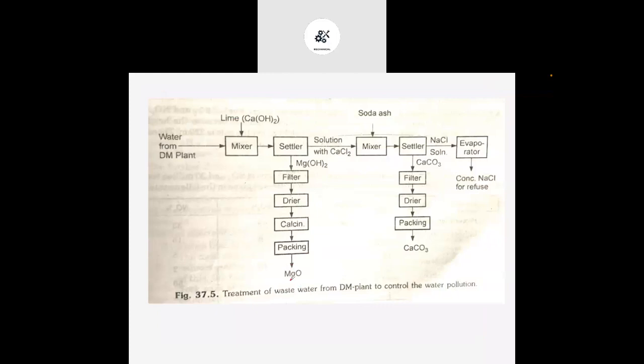Okay, there are many methods through which we can remove the different pollutants from this water, particularly different salts or minerals which are soluble and mixed into the water, like magnesium. Sometimes magnesium oxides are available in the polluted water.